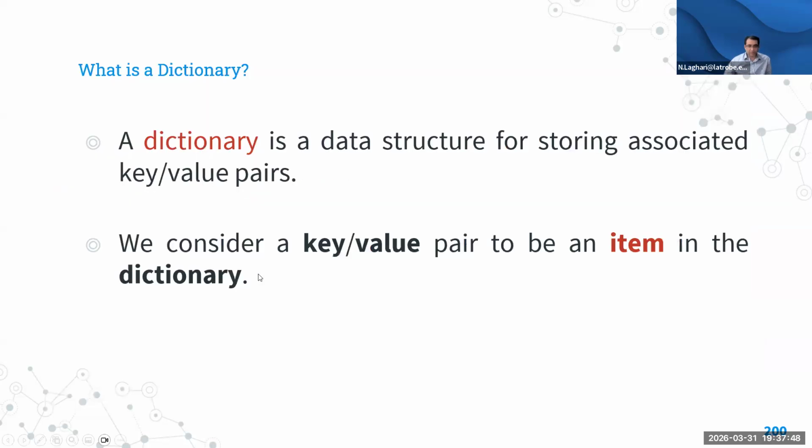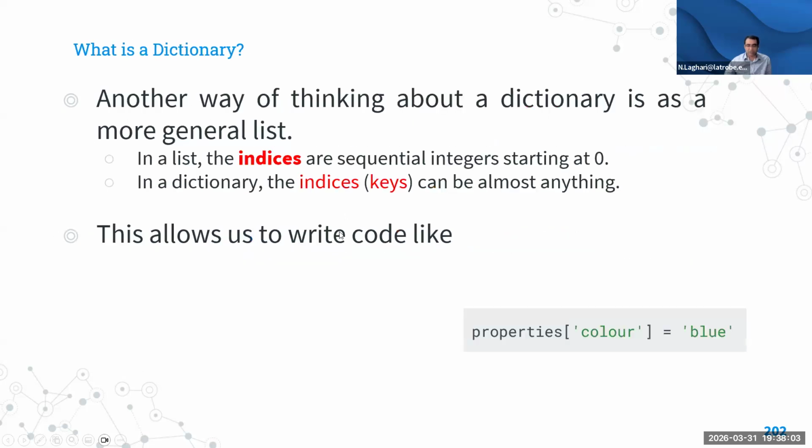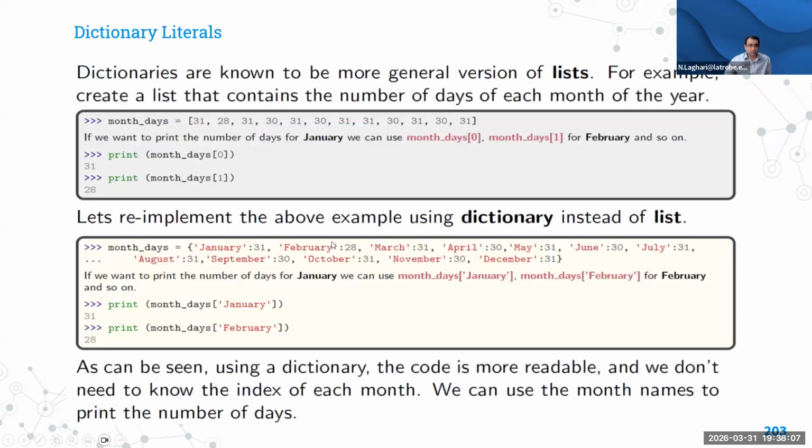It is a data structure for storing associated key value pairs. Each item in a dictionary has two parts, a key and its value. Keys would always be unique in your dictionaries.